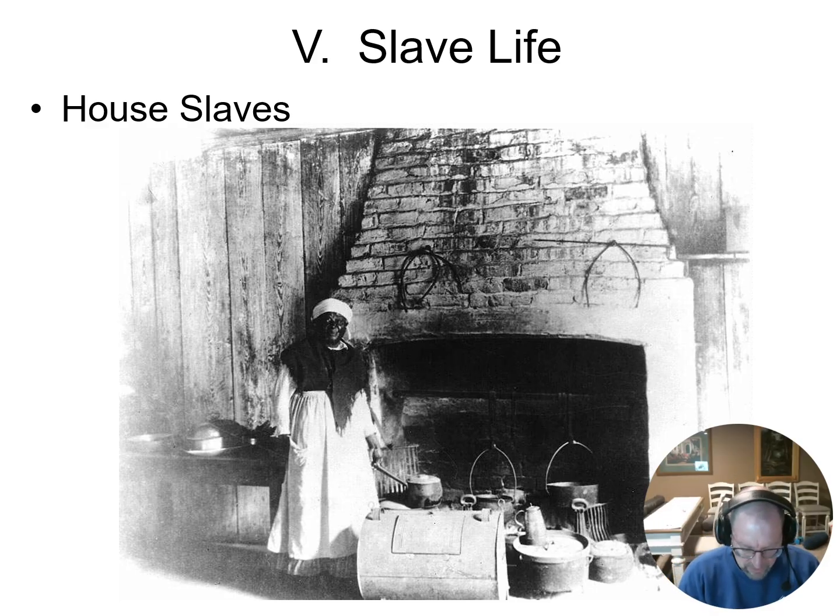As far as the house slaves, these are enslaved people that worked in the main house, the enslaver's house, the owner's house. These folks will typically live in the kitchen. They will work in the kitchen, they will sleep in the kitchen.